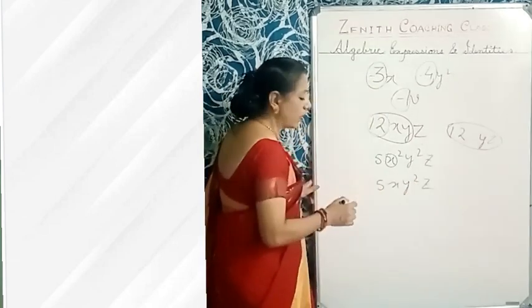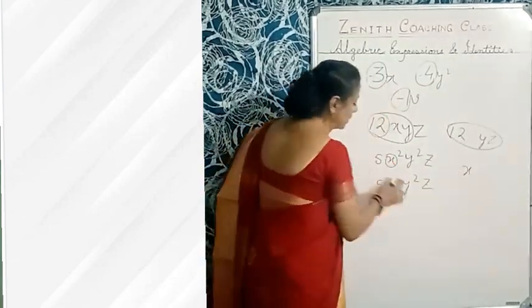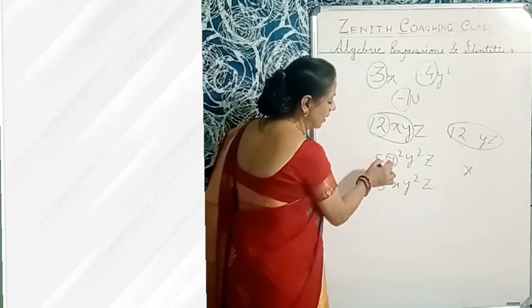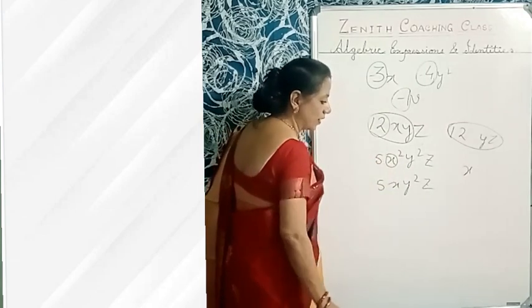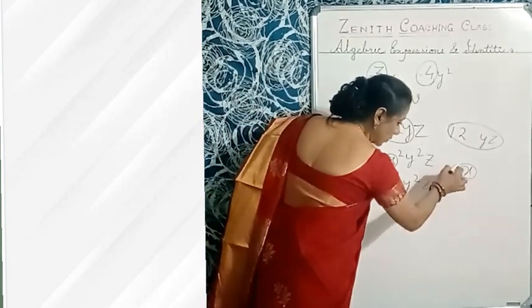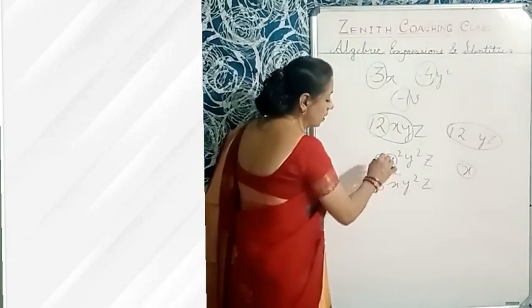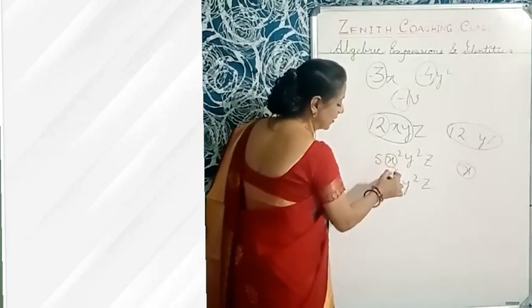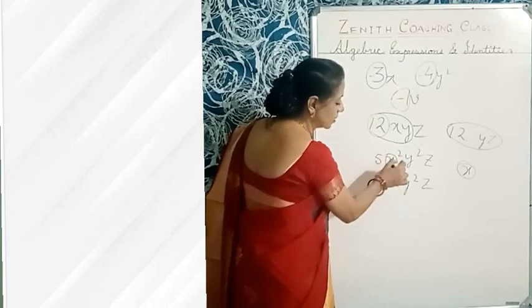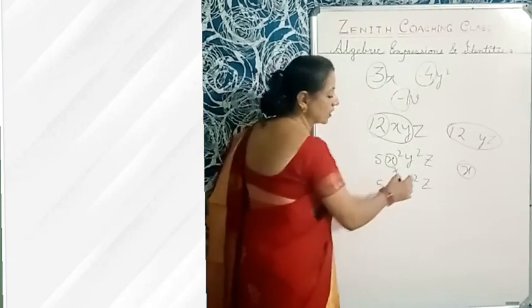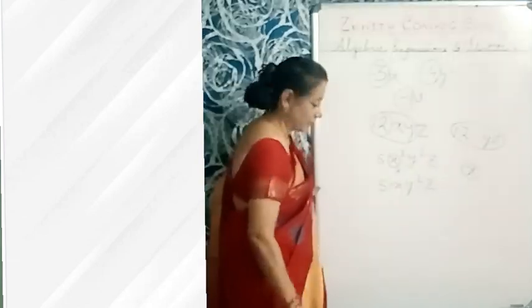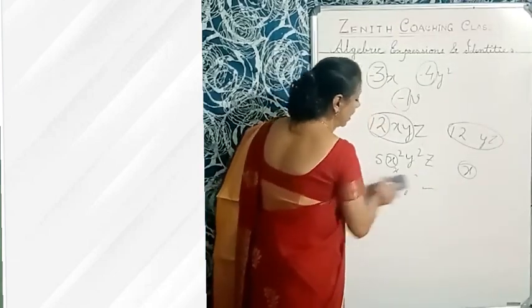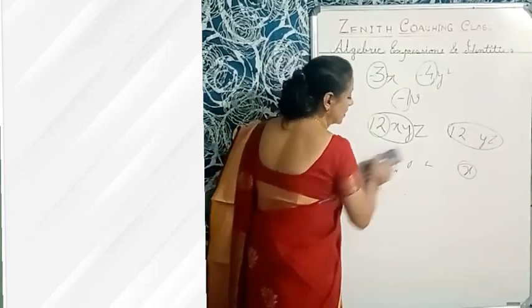Because I asked for the coefficient of x only, but here there are x square and x into x square. So here is another x, and the coefficient of x is 5x y square z. Understood? Okay.